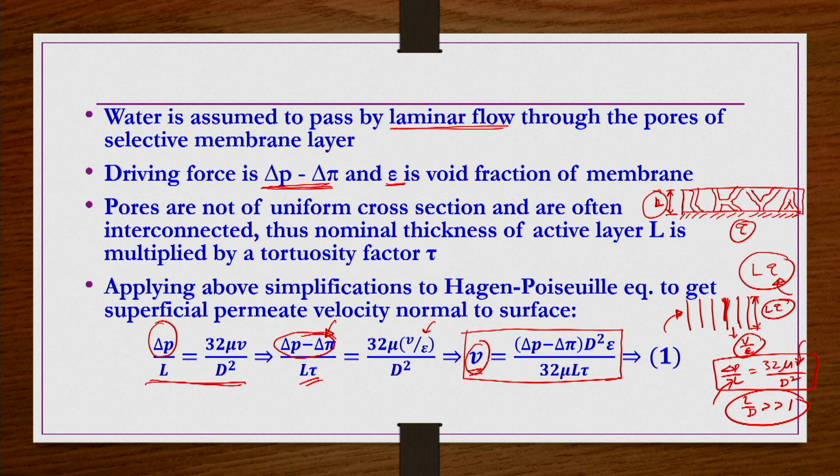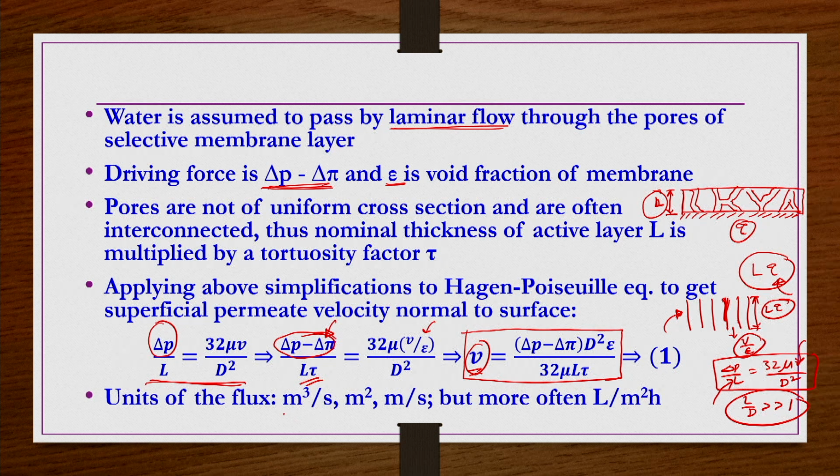This is the permeate flux, but in general it is also represented in terms of meter cube per second per meter squared, multiplied by some factor. More often the permeate flux is reported in units of liter per meter square hour.